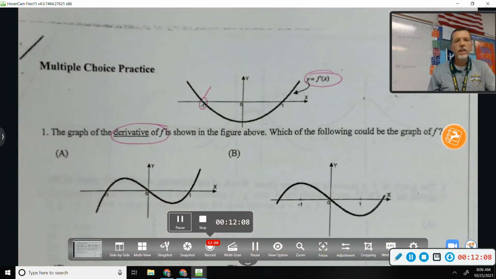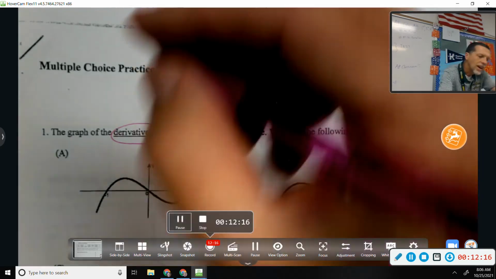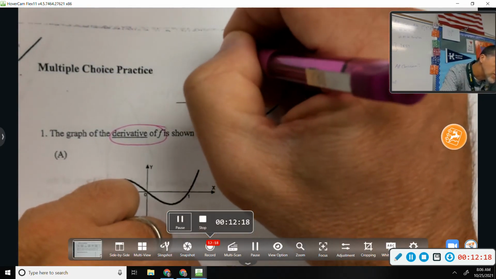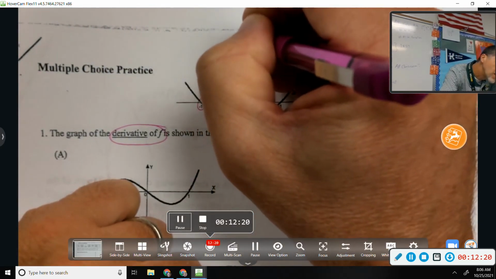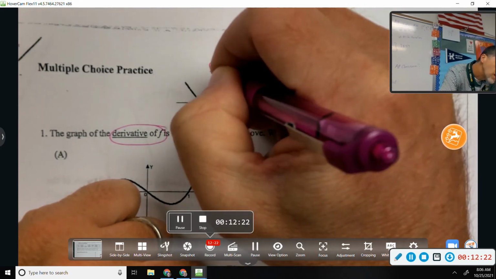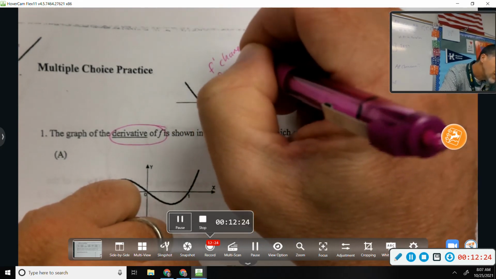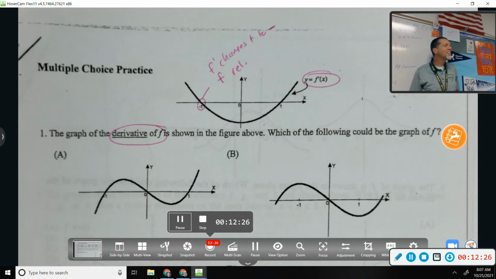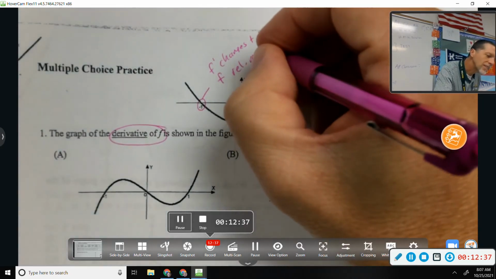So at x equals negative 1, what's happening to f prime? Yes, and if f prime changes positive to negative, it's a relative something. So just draw the picture in the air. Like if f prime changes from being positive to negative, that means f has a relative max.